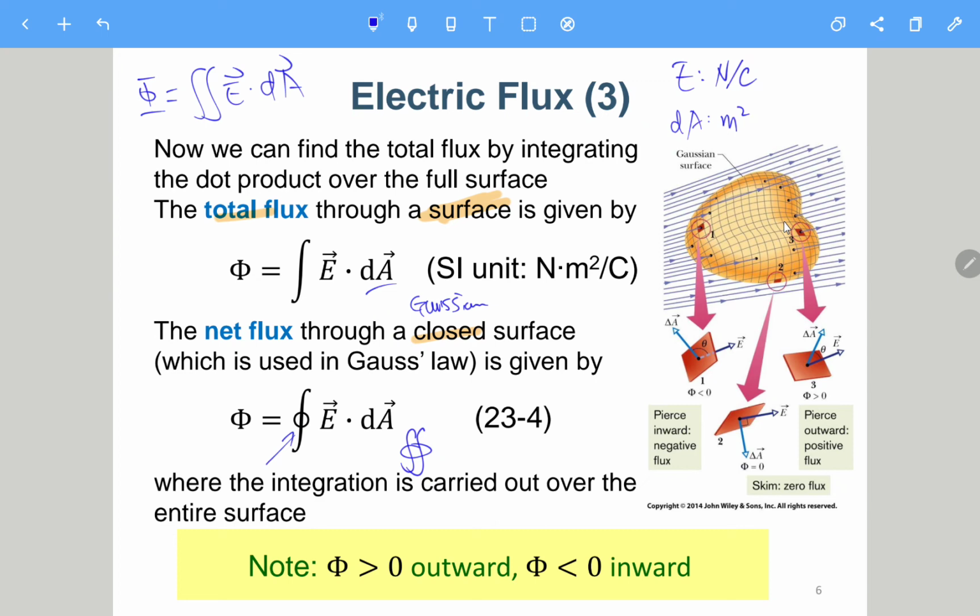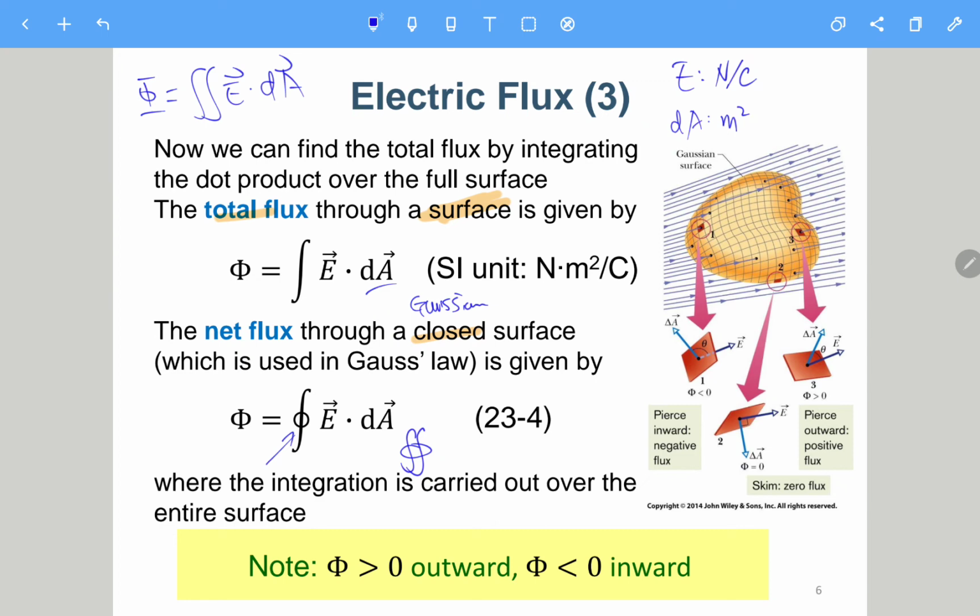So this flux is an average value. It tells you maybe for some time 4 people are going outside the classroom, and at the same time 3 people are going inside. Then the net flux is 1.